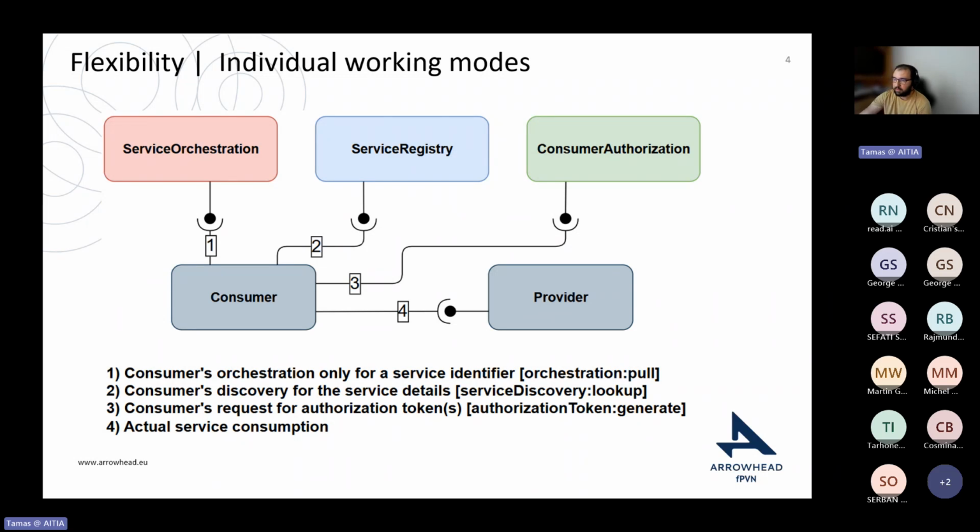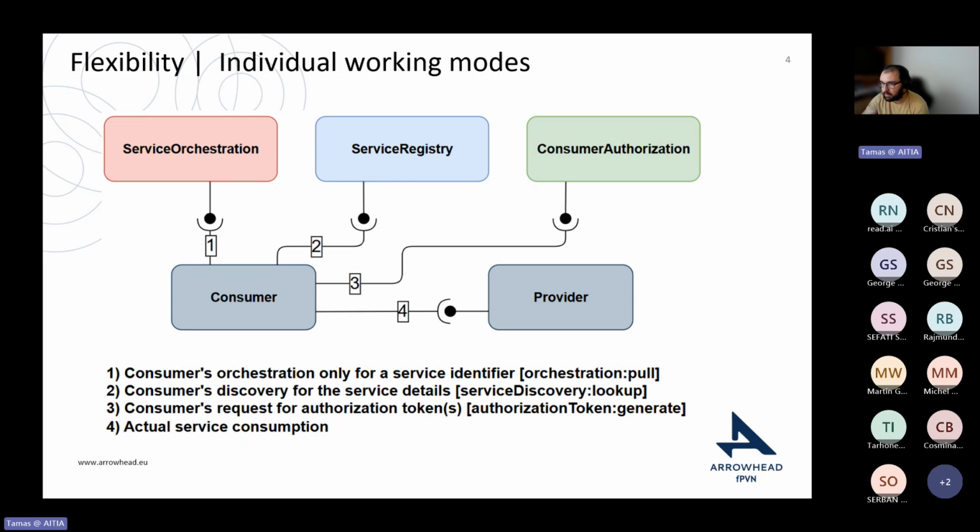Using this service identifier, your consumer should turn to the service registry, consume the service discovery service and the lookup operation in order to find out all the service details: the access address, the security level, and the possible interfaces provided by that provider.